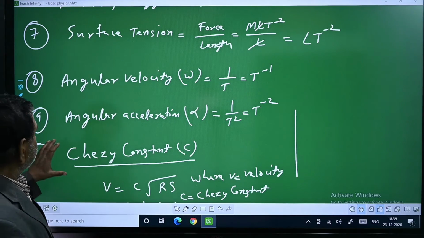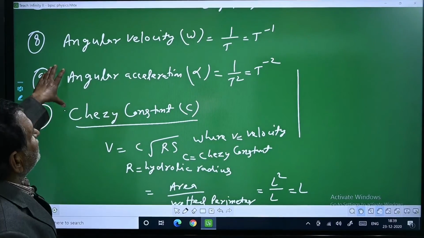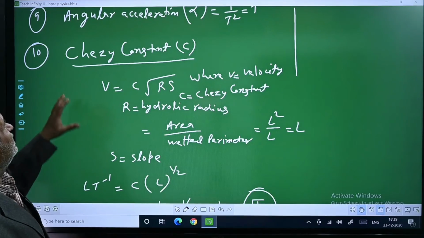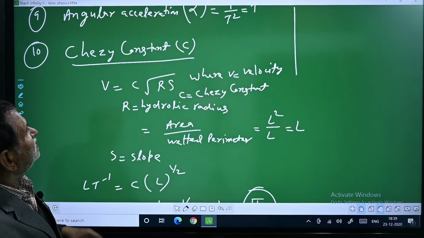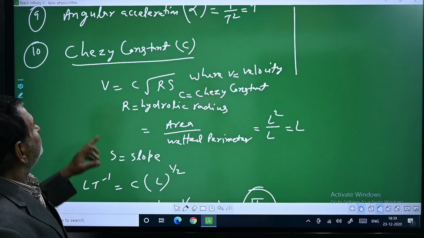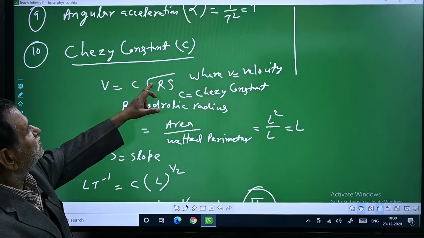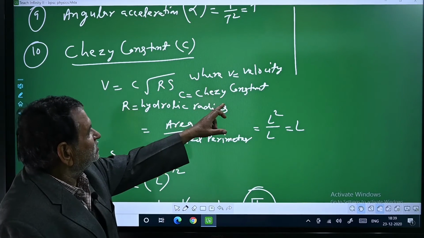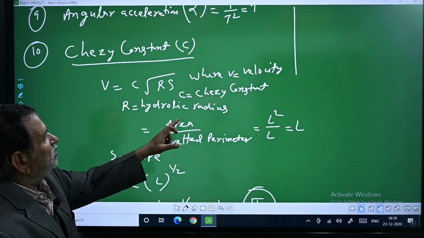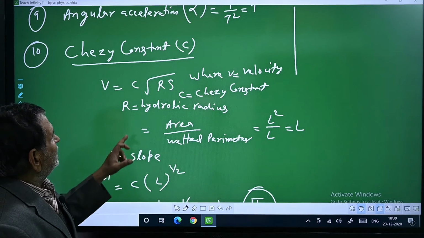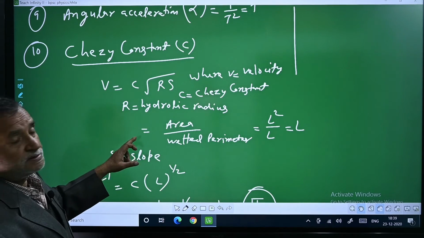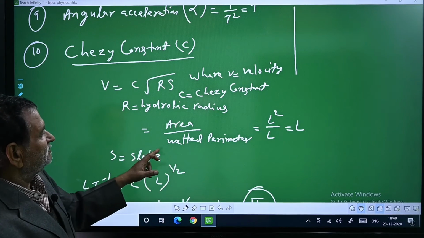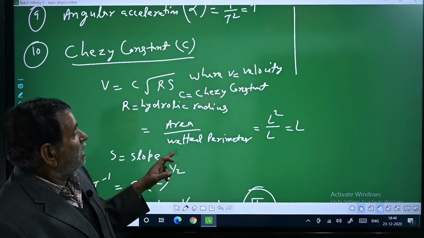Now the Cauchy constant C. The Cauchy constant is defined by V equals C under root R S, where V is the velocity, C is the Cauchy constant, R is the hydraulic radius, and S is the slope. The hydraulic radius is the ratio of area divided by wetted perimeter.